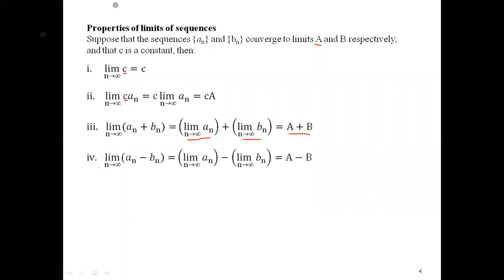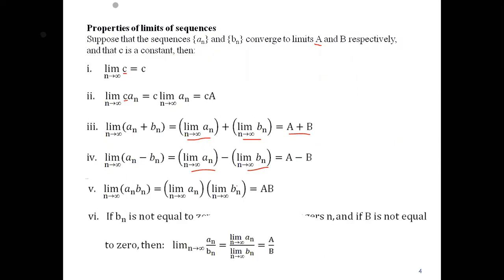Then we go to number 4. The limit of a difference of the sequence an and the sequence bn as n approaches infinity is the same as subtracting the two limits, which is just A minus B.